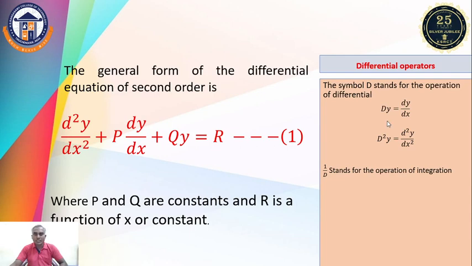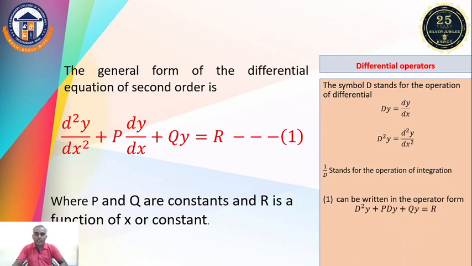So how to represent it? We denote dy by dx as capital Dy, and d square y by dx square as capital D square y. Substituting those symbols in our equation number 1, we get the following representation. Equation number 1 can be written in the operator form.